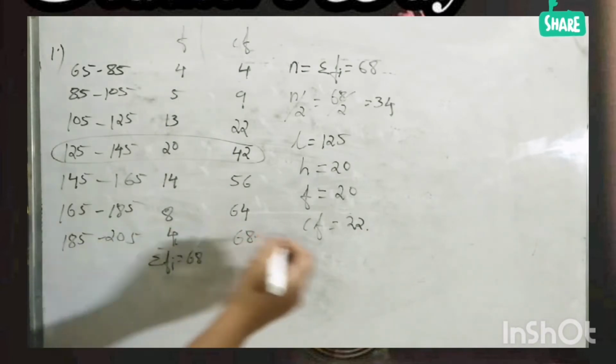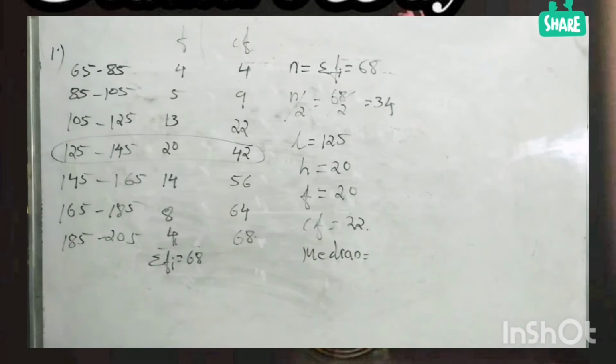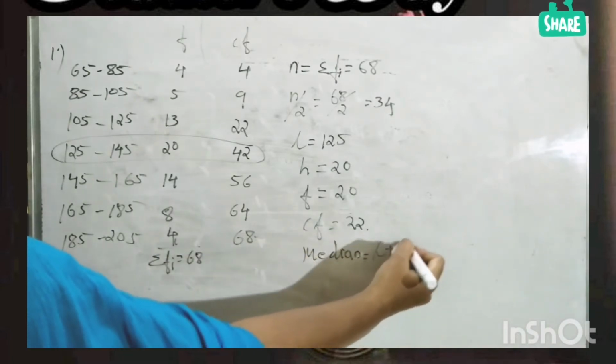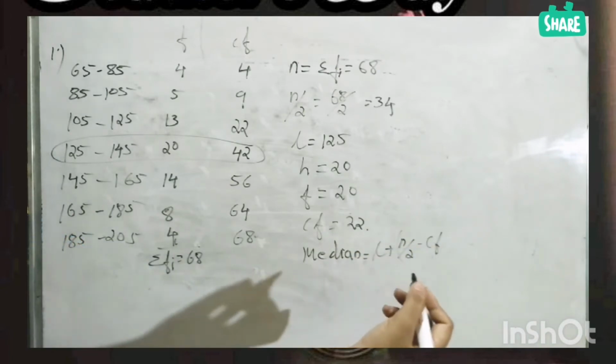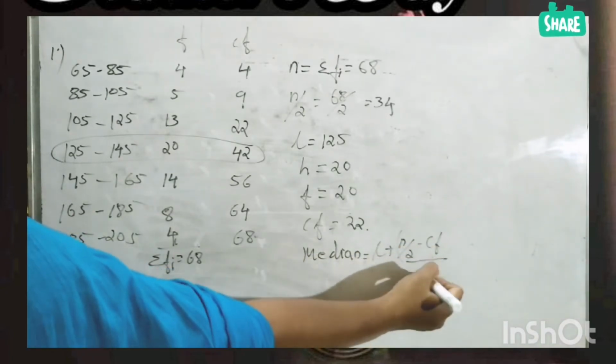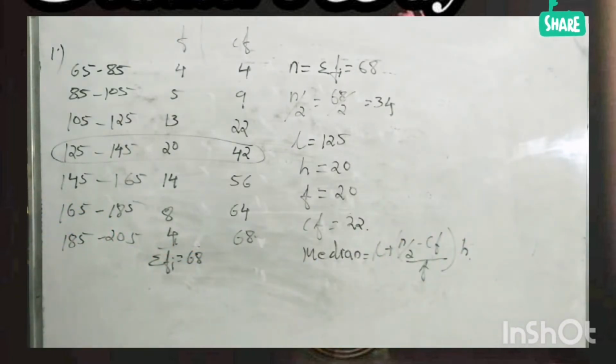Now median is equal to, what is the median formula? L plus n by 2 minus CF divided by F into H. Now just substitute all the values.